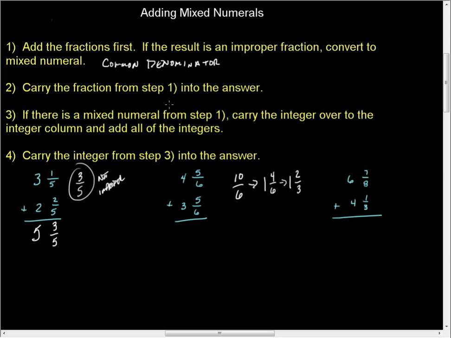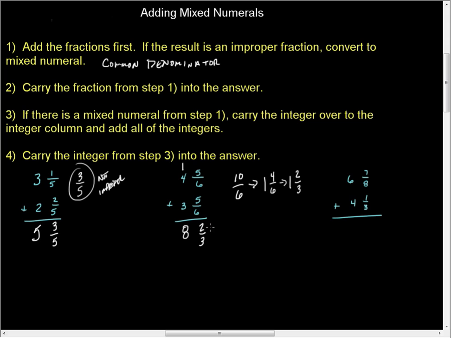Step 2 says carry the fraction from step 1 into the answer. Okay, the fraction is 2/3. Step 3, if there's a mixed numeral from step 1, carry the integer over to the integer column. So the 1 comes over to the integer column, and add all of the integers. 1 and 3 is 4, and 4 is 8. Carry the integer from step 3 into the answer, so we carry the 8 down.